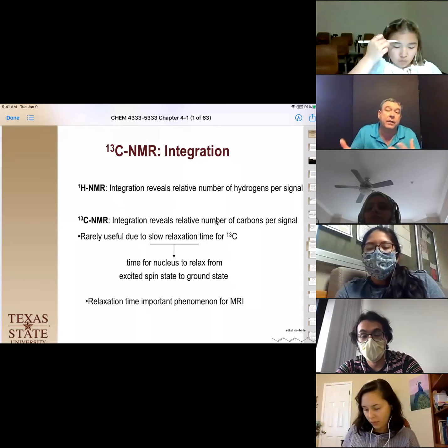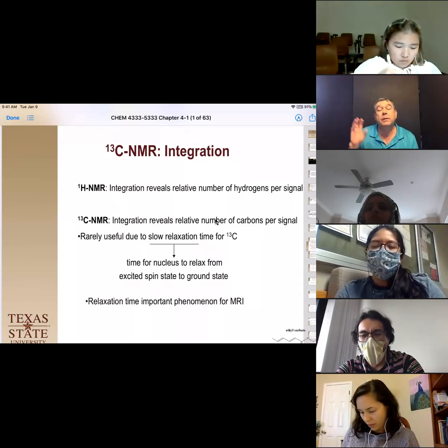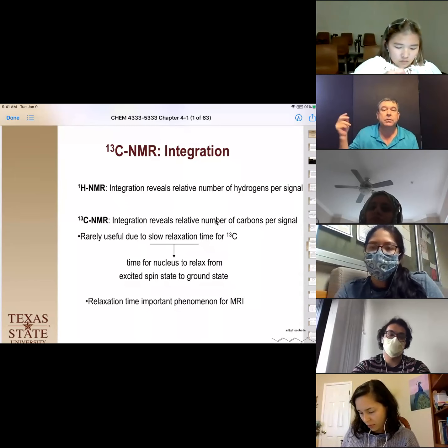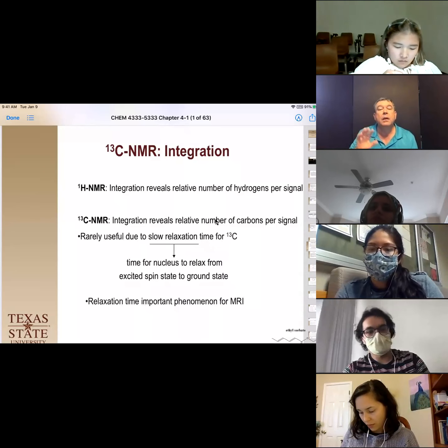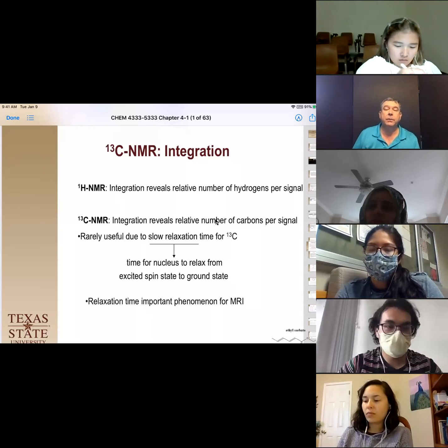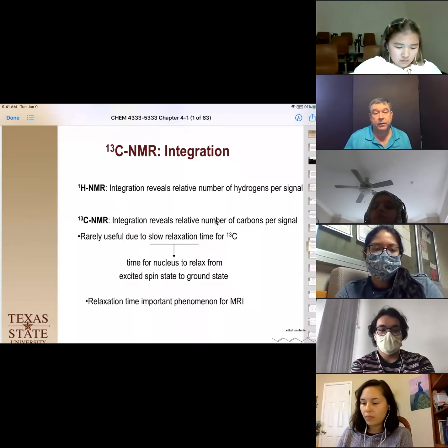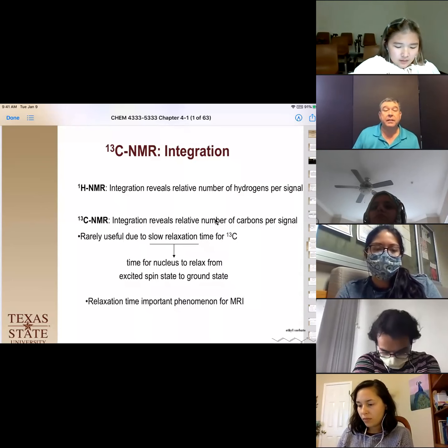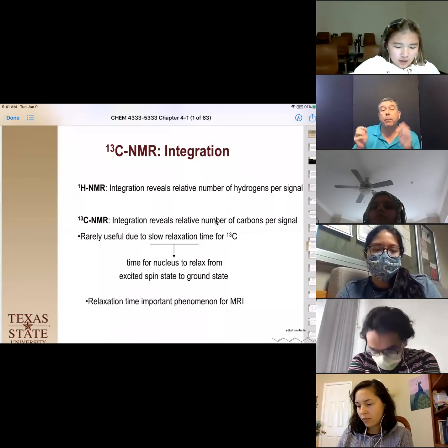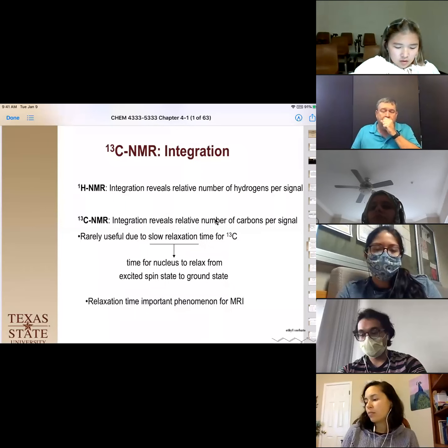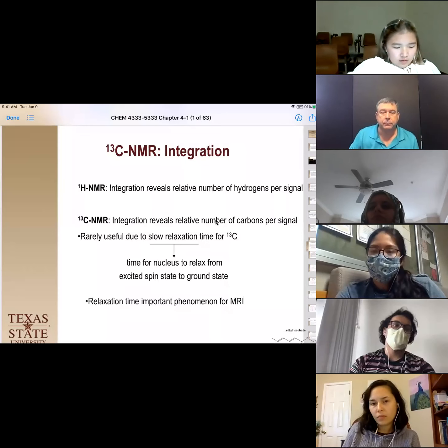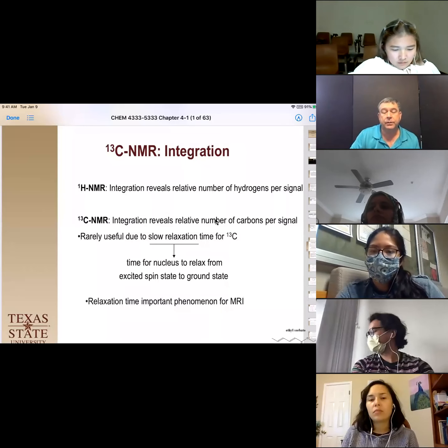Some of them now, with decoupling and stronger magnets, you get them down to 5 seconds. You go pulse, pulse, pulse. Carbons take up to a minute to relax, depending on how many hydrogens they have. Which means if you want to get multiple scans to get quantitative NMR, you have to pulse, wait, and pulse. So it's very difficult to do.